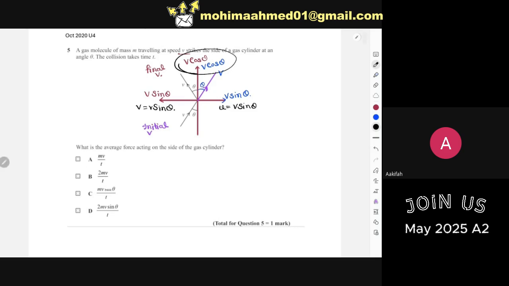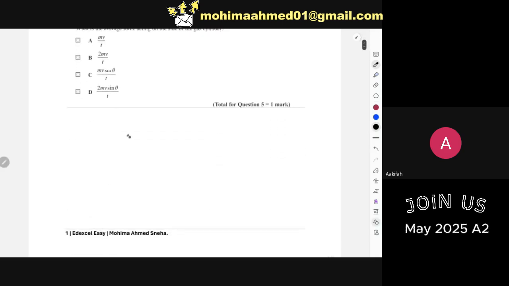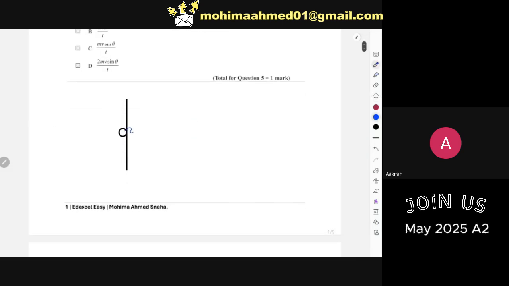Another thing, if I draw a very small diagram of what is occurring here, this is your gas particle and that was the wall. When they collide with each other, obviously there's a force in this direction. This is the force on the gas cylinder. And in the opposite direction, there will be a force on the gas molecule, with the same magnitude.